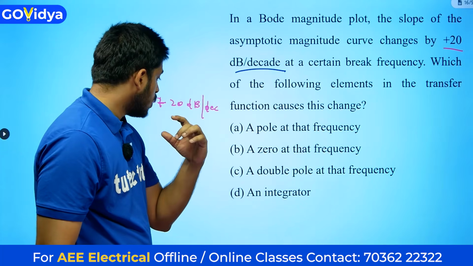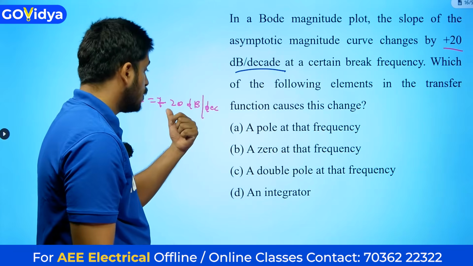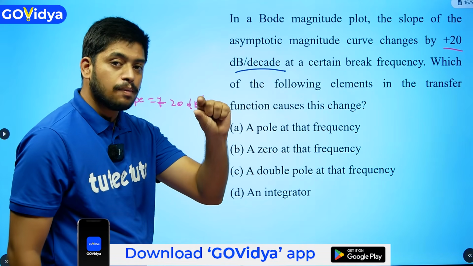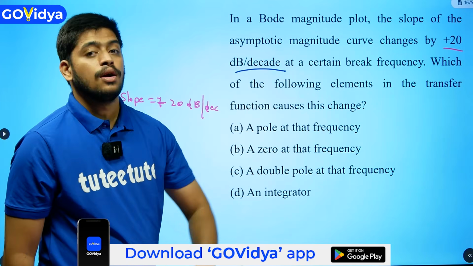What is the change due to a pole? When a pole is going to change, then there will be a slope change of minus 20. But when a zero is going to change, plus 20.